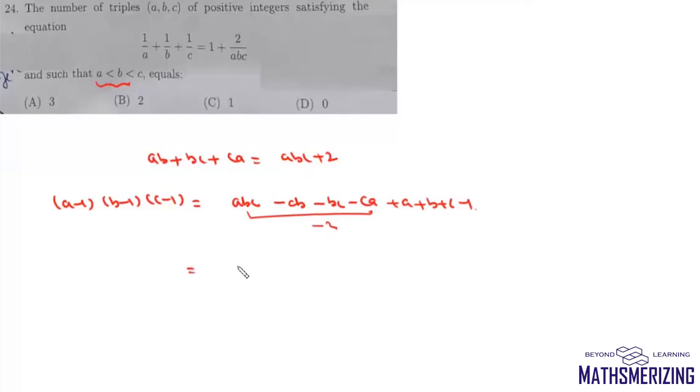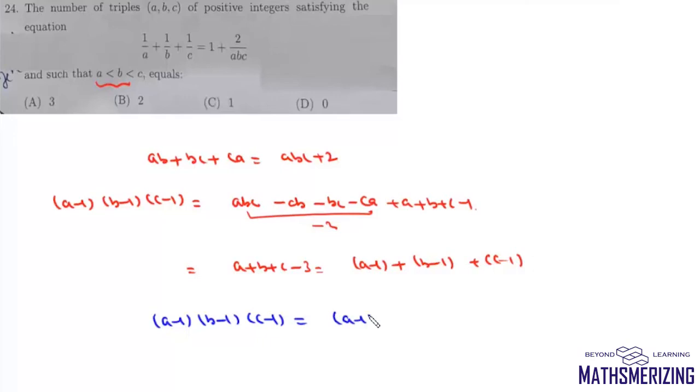So we can write this as A plus B plus C minus 3, or simply (A minus 1) plus (B minus 1) plus (C minus 1). So the result that we have here is (A minus 1) into (B minus 1) into (C minus 1) is equal to (A minus 1) plus (B minus 1) plus (C minus 1).